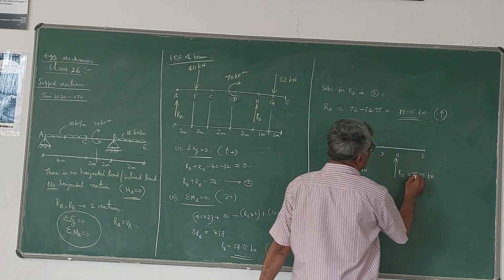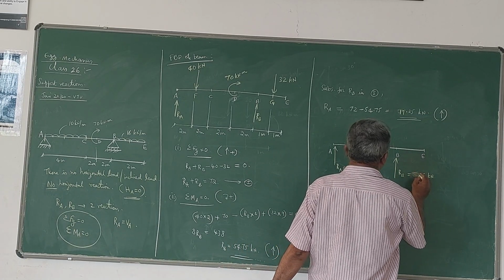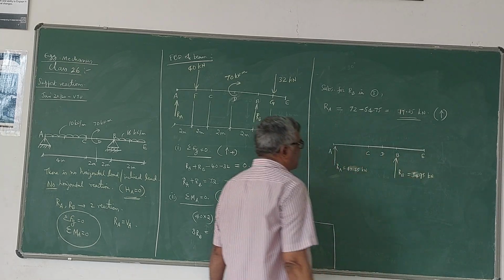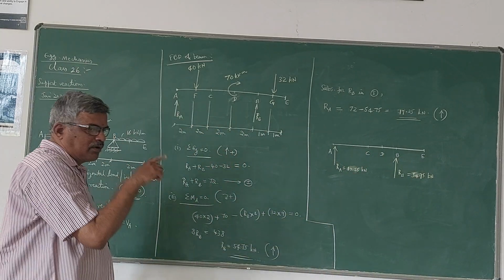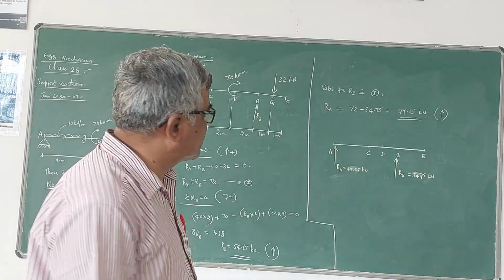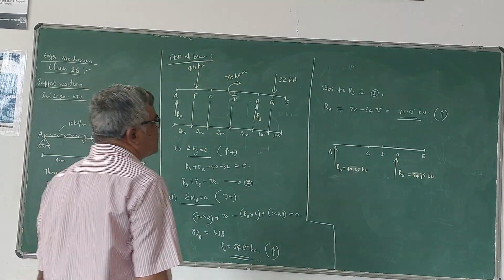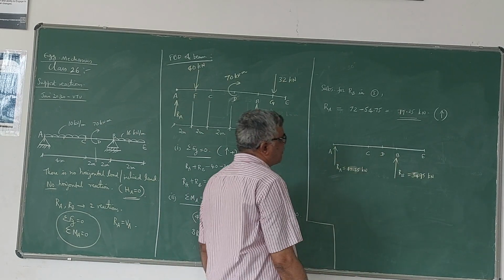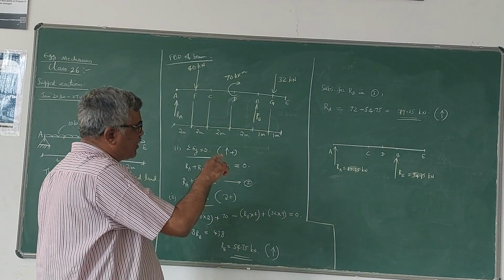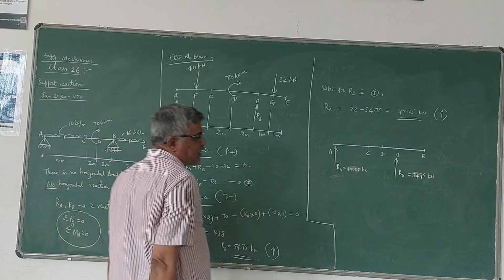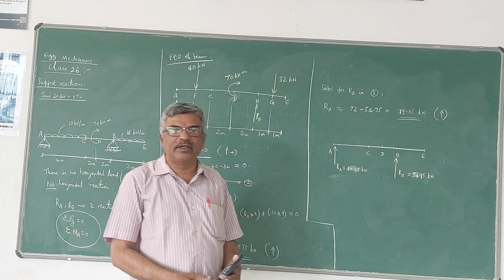Please be careful here. And of course, this value is 54.75. So the sum of the reactions should be equal to the sum of the forces. Action and reaction are equal and opposite. So 54.75 plus 17.25 is equal to 72. So this is how you can represent the reactions in the diagram.